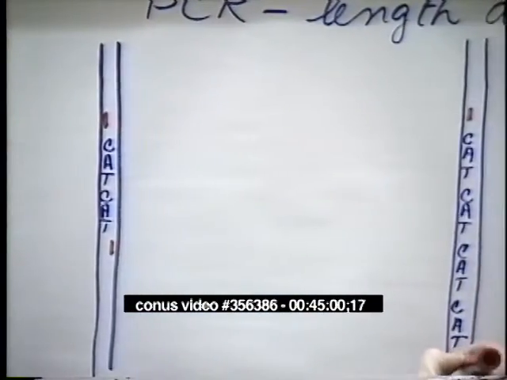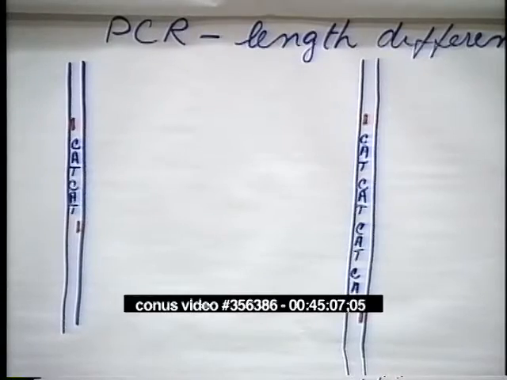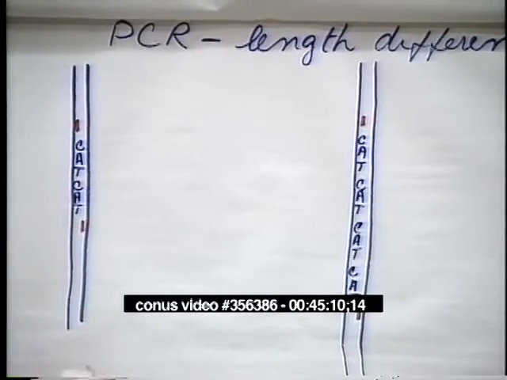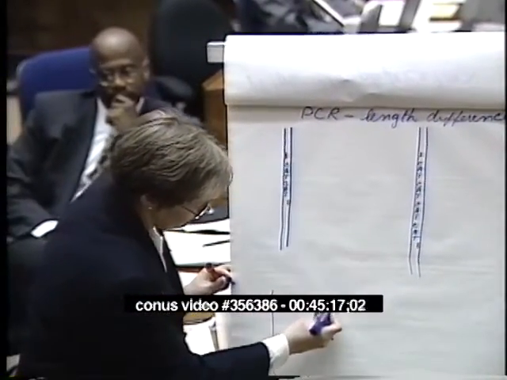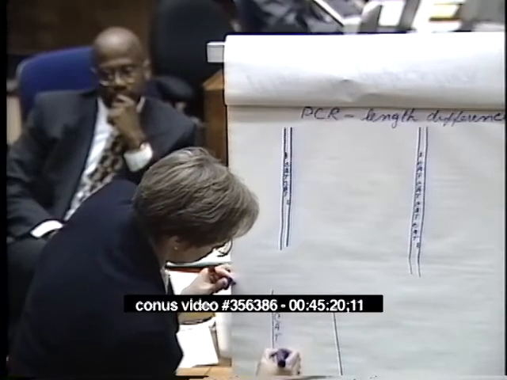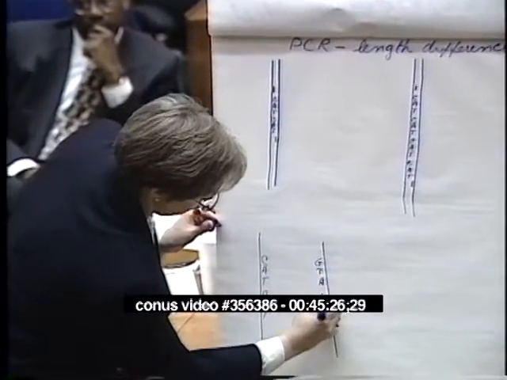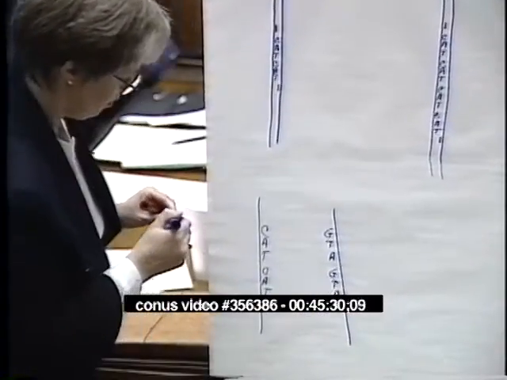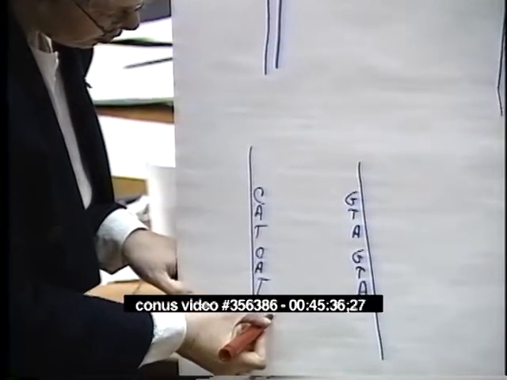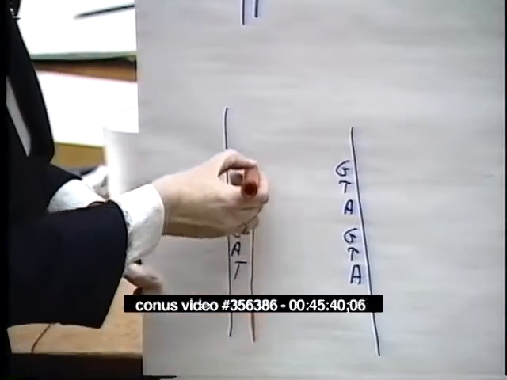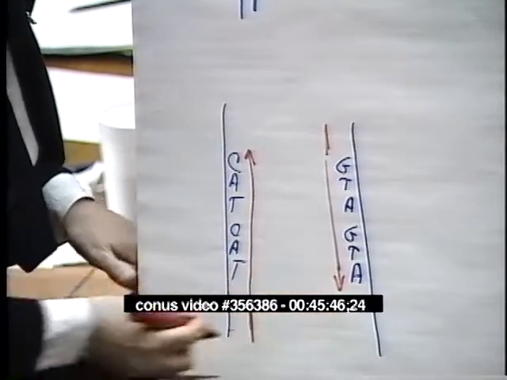Now, we could go through and redraw all the amplifications, but if you think about, if we look at just one of the strands here, our primers come along and copy this section and copy this section.